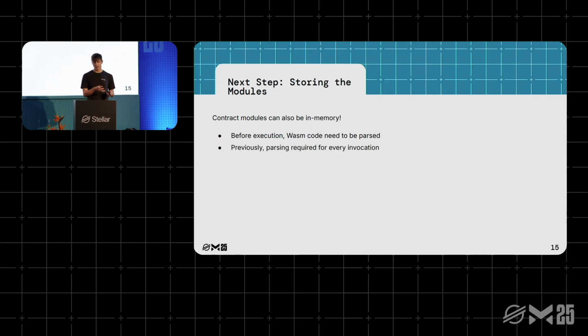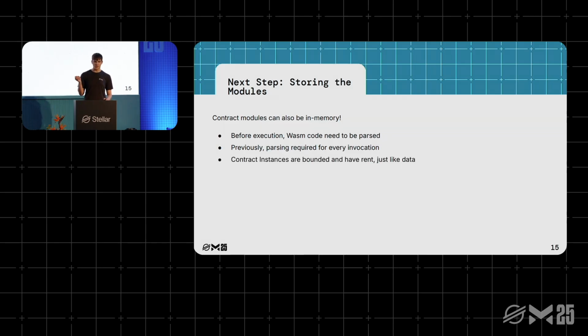Now, previously, parsing was required for every invocation. It was actually very expensive. About 80% of the total instructions used by all Soroban transactions were only for this setup step. We actually didn't get to your code until very late into the process.